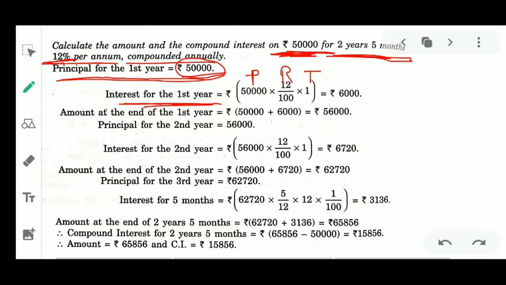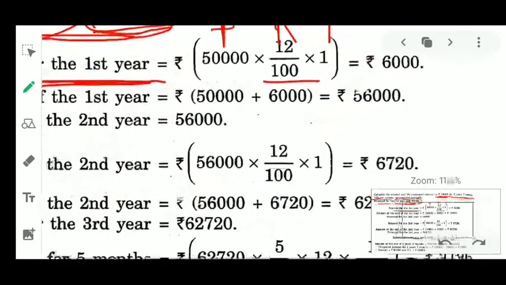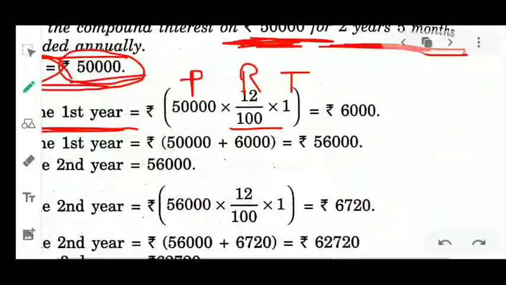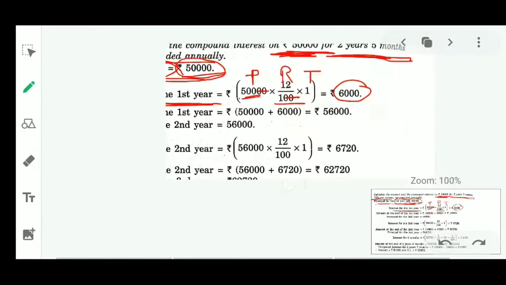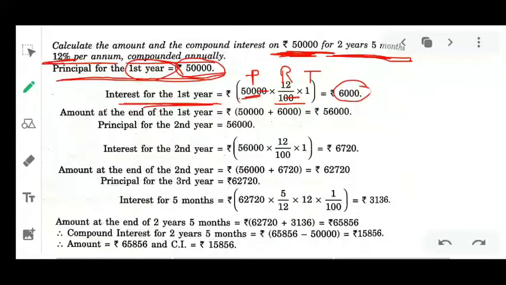Divided by 100. Okay, now the 0s will be cancelled here. Now if you multiply 12 into 500, you will get 6,000. So that is the interest for the first year.